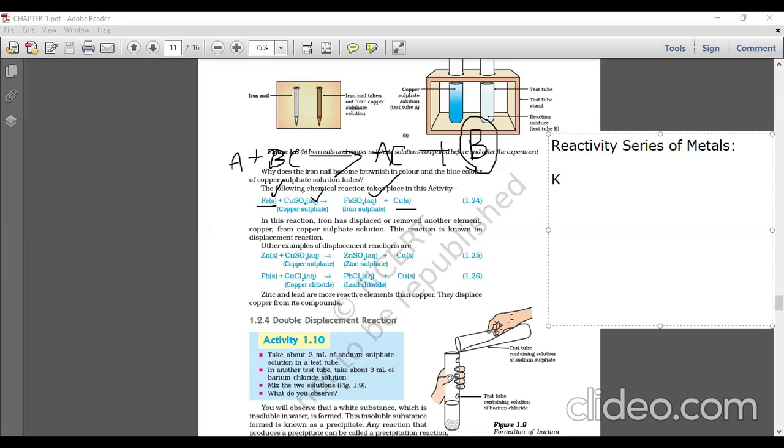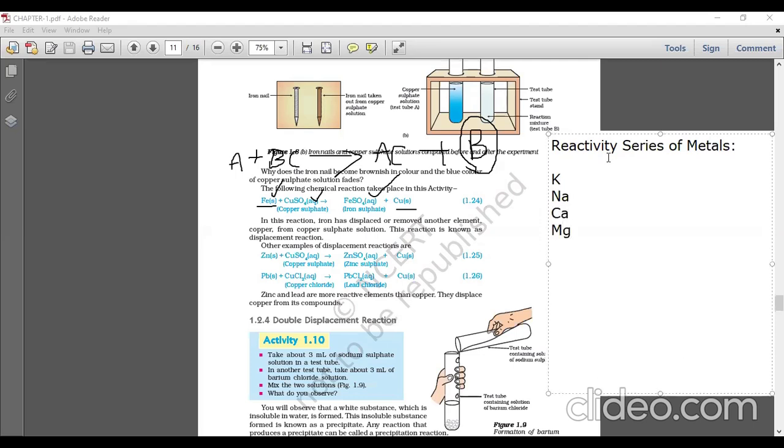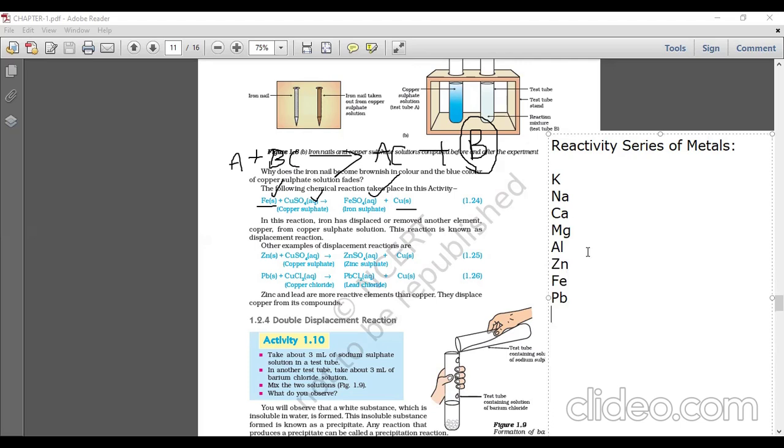First one is potassium, next sodium, then calcium, then magnesium, and then aluminium. After aluminium, zinc. After zinc, iron. After iron, lead, also called plumbum, and then hydrogen.